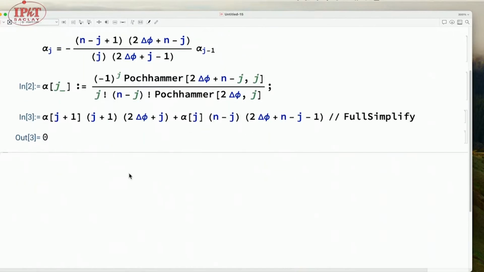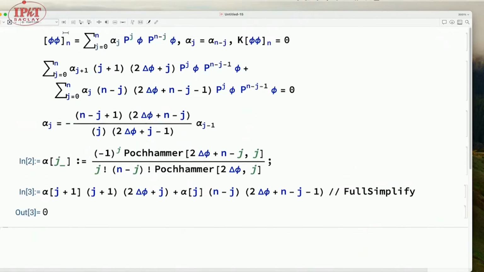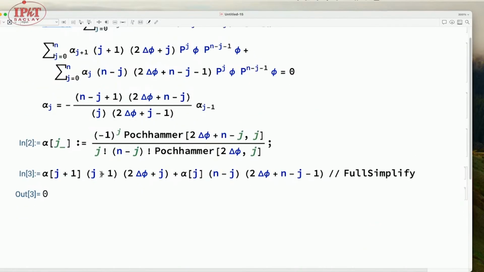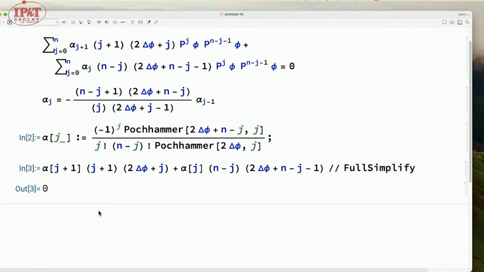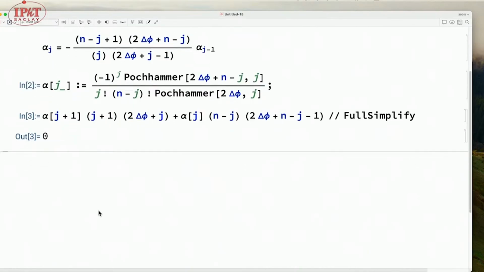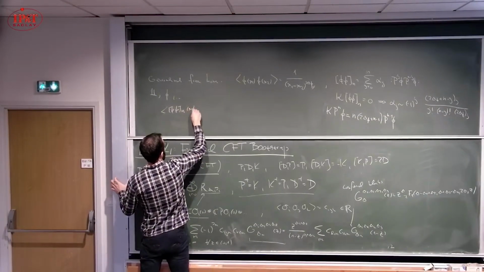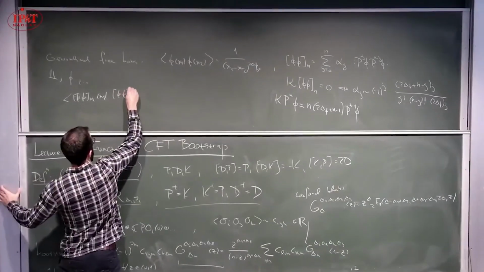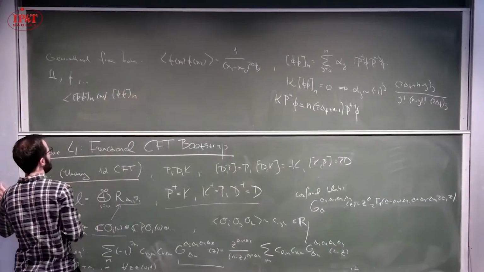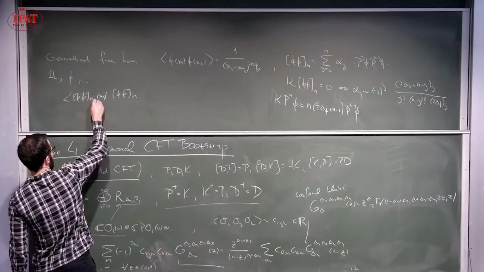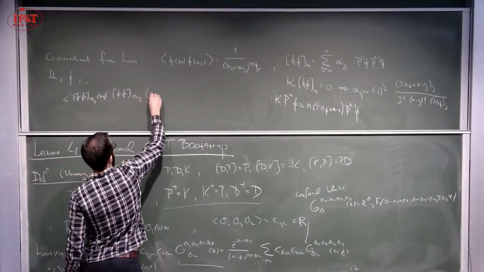Now, as I said, this operator is not yet normalized. It's phi n. So let's actually compute its normalization. To do that, we just need to compute a two-point function of phi at x1, phi at x2. In fact, since these are primaries, they should be orthogonal to each other, and we'll be able to check that.